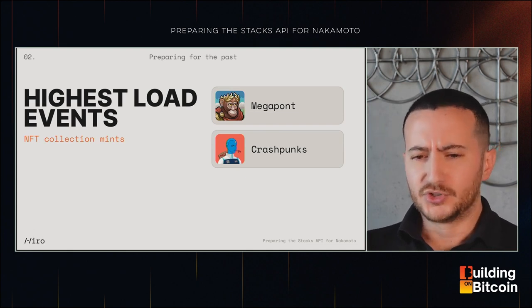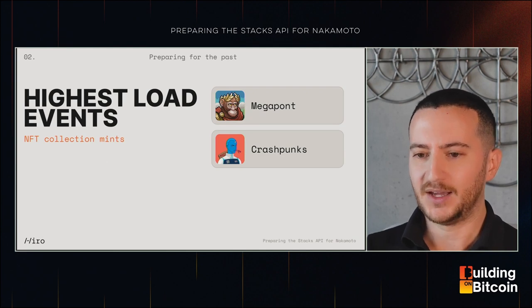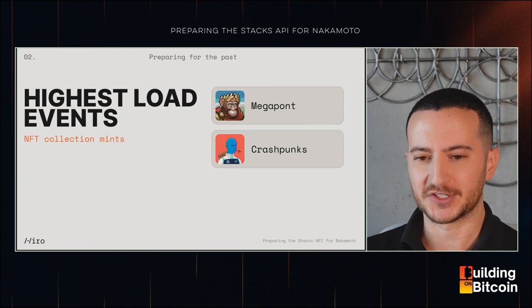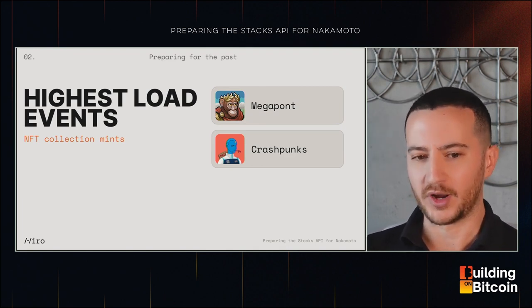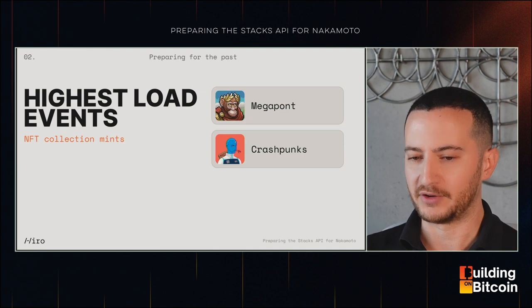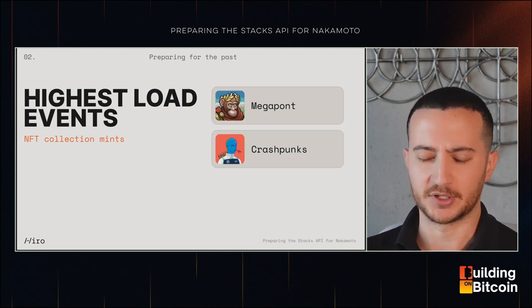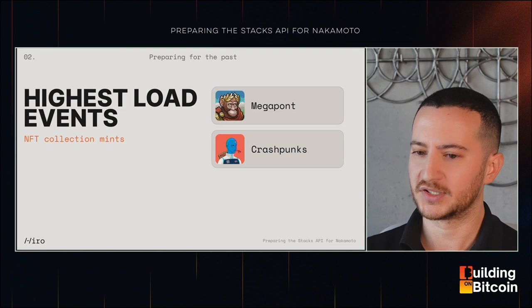So during that time, we had a couple of high load events. Two came to mind when I was writing this presentation because they were interesting at the time, mostly focused on NFT collections. So if you recall, 2021 was a year where NFT collections were very, very popular, not only on Stacks, but also on other chains, of course.